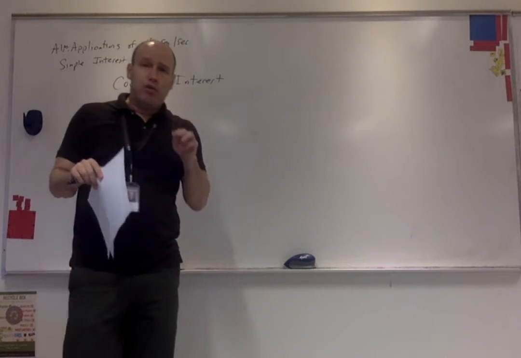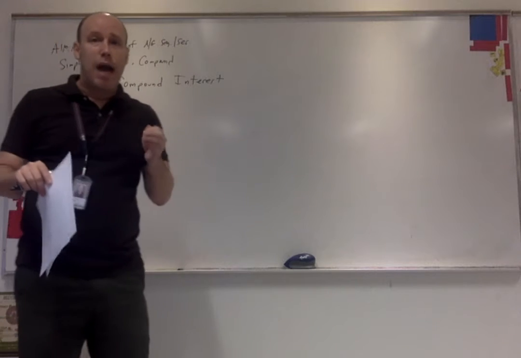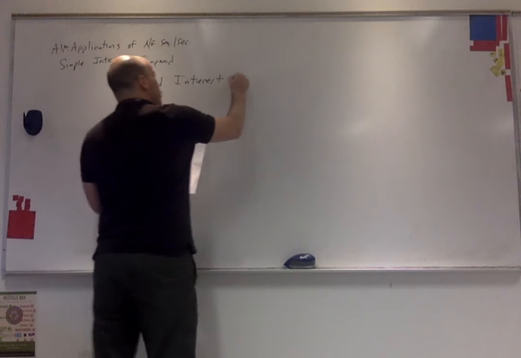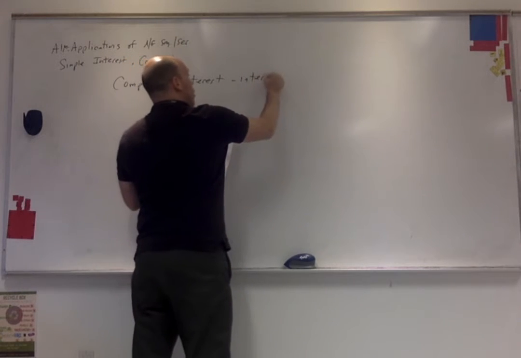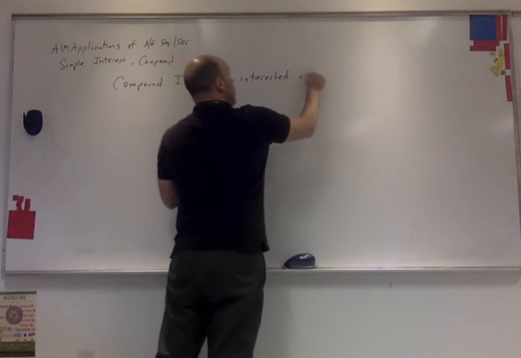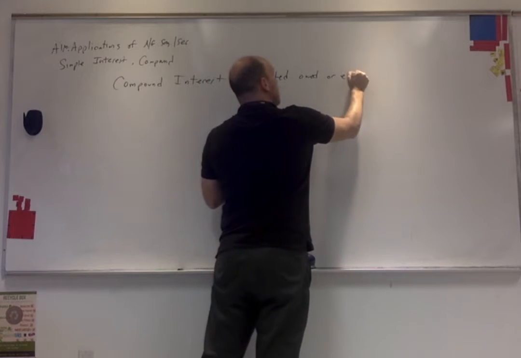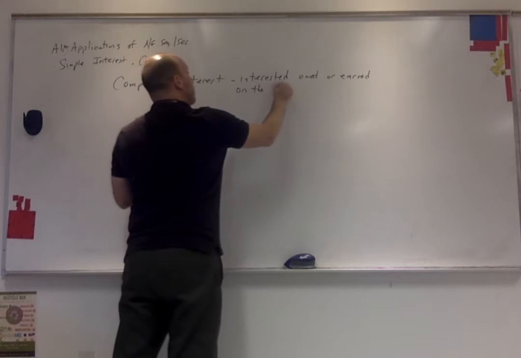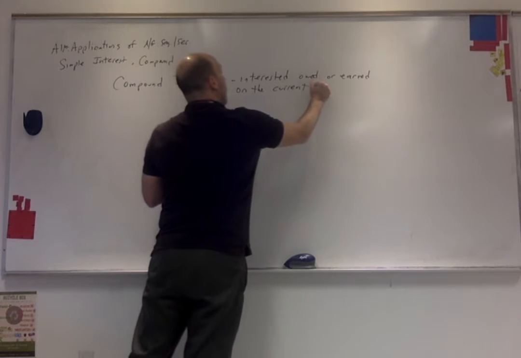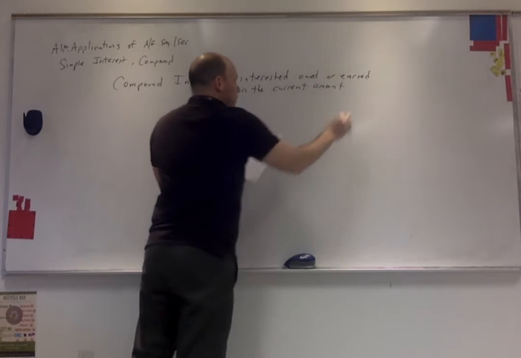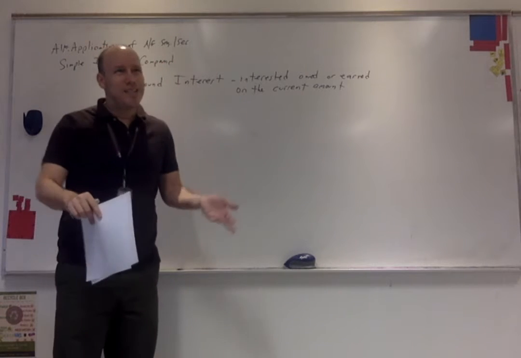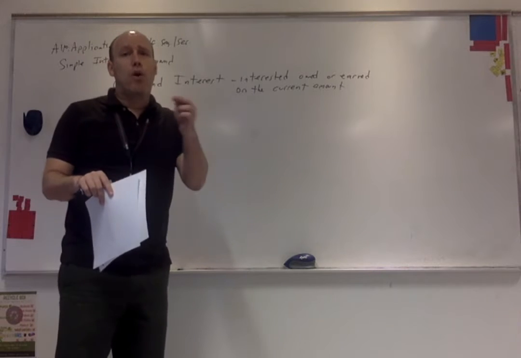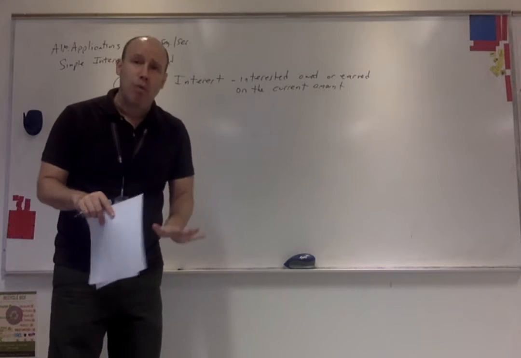Either way, the percentage of interest is now based on the current amount. So interest owed or earned on the current amount. Let's take the last example that we did, but we're going to grow the rate at 8% per annum, and it's going to be compounded.